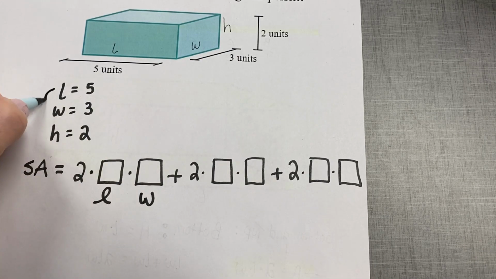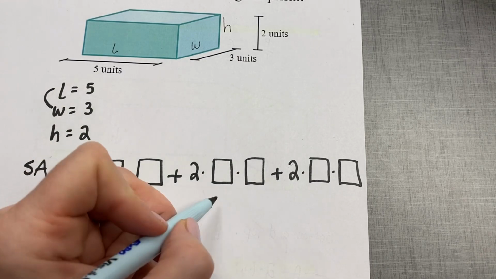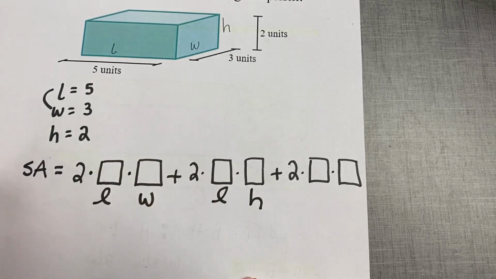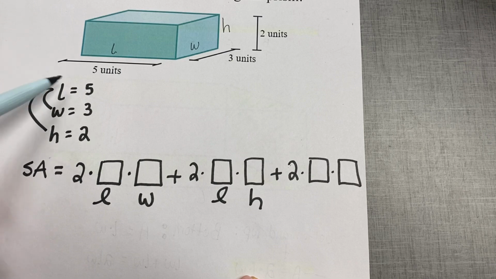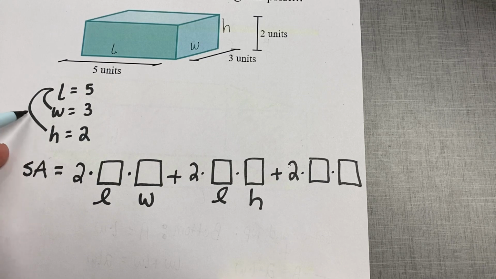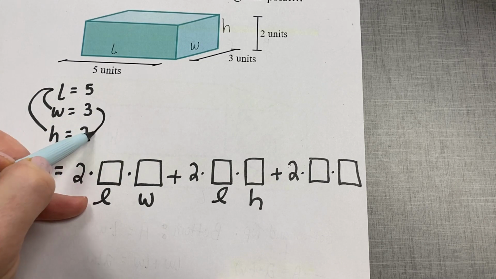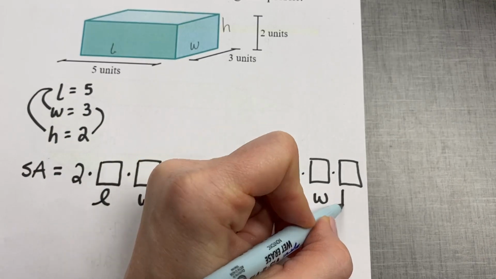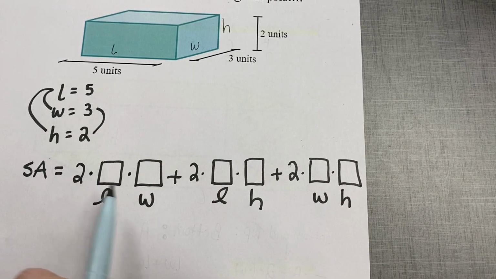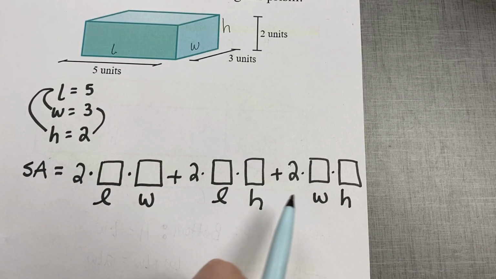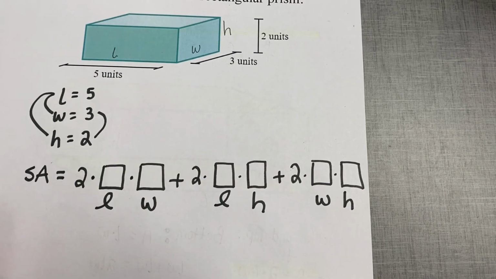So it's kind of LW. Then I do LH because I take L to H. So I sort of exhaust my length. I put length with width, length with height, and then I move down 1 and put the width with the height. WH. LW, LH, WH.